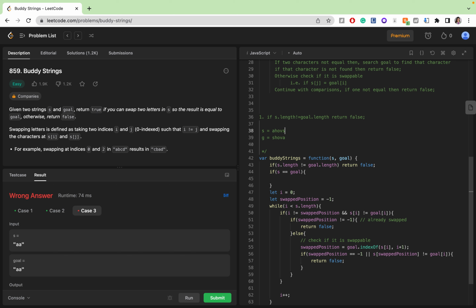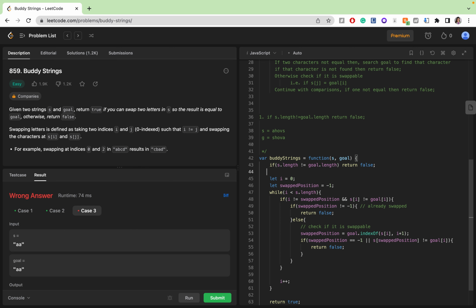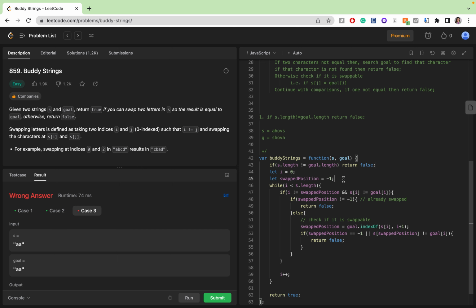Or what I could do is A and S, if they are both equal, then I might be able to swap. I mean, that is also one way.